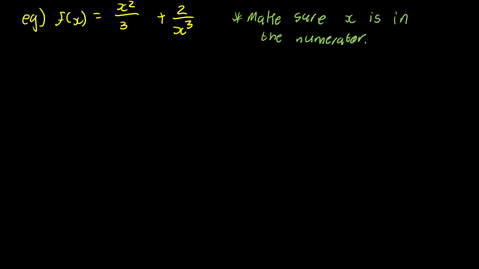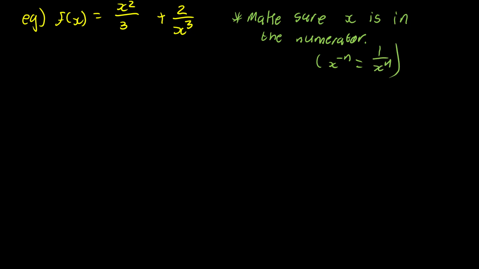So to avoid those extra rules, we are just going to take these x's and move them to the top of the fractions using the exponential law that says if you want to move the position of a value in a fraction, you just need to change the sign of the exponent. So x to the power of negative n is the same as 1 over x to the power of n.